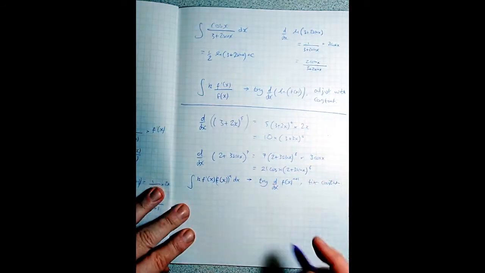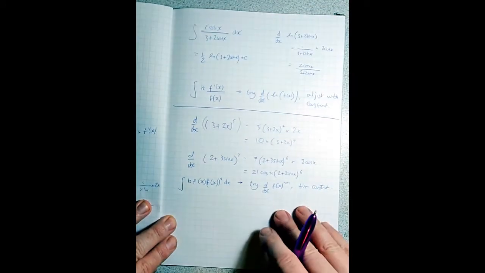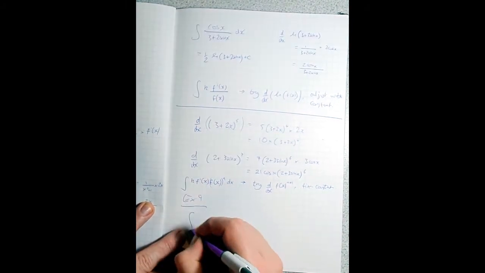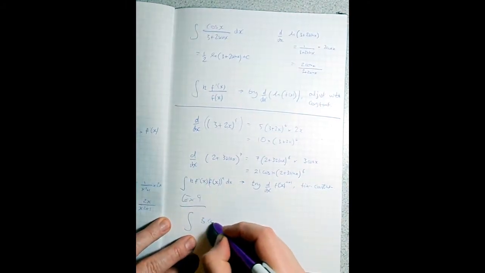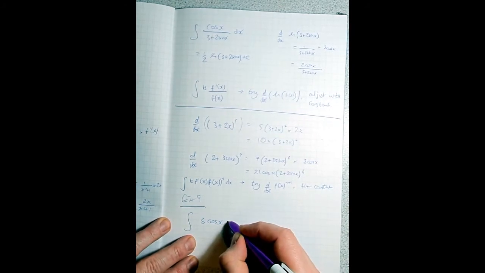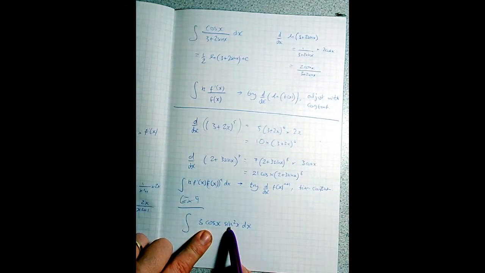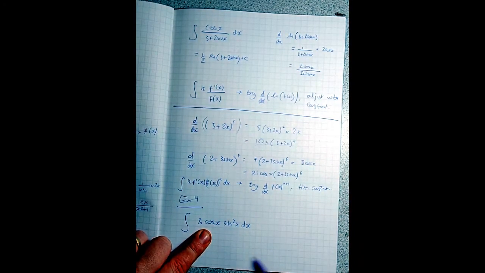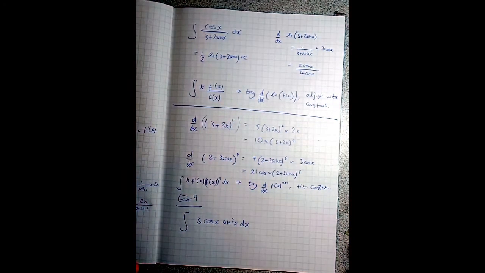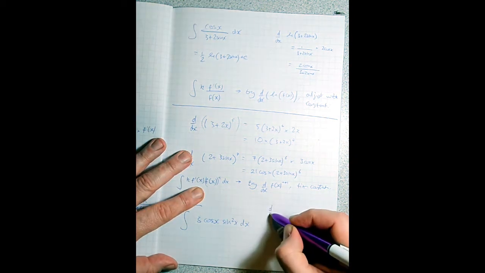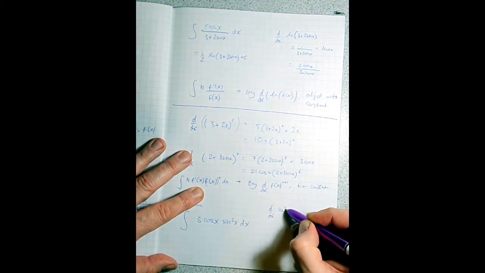And that's what example 9 is. Example 9, integrate 3 cos x sine squared x. Well, of course, cos x is the derivative of sine x, because remember that sine squared x means sine x all squared. So I'm going to differentiate sine cubed x.